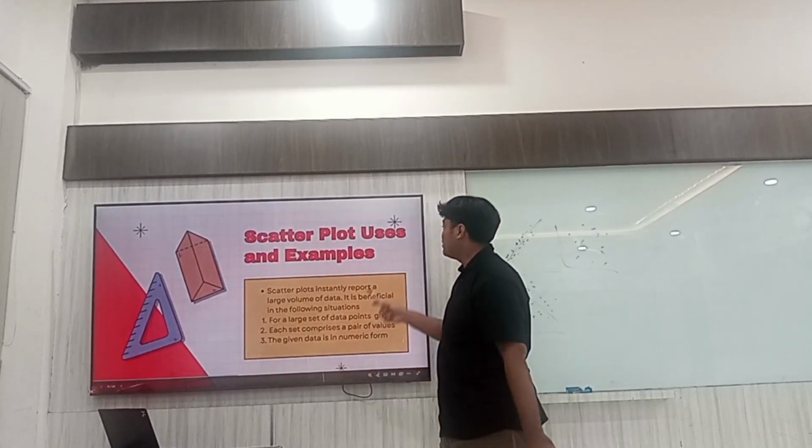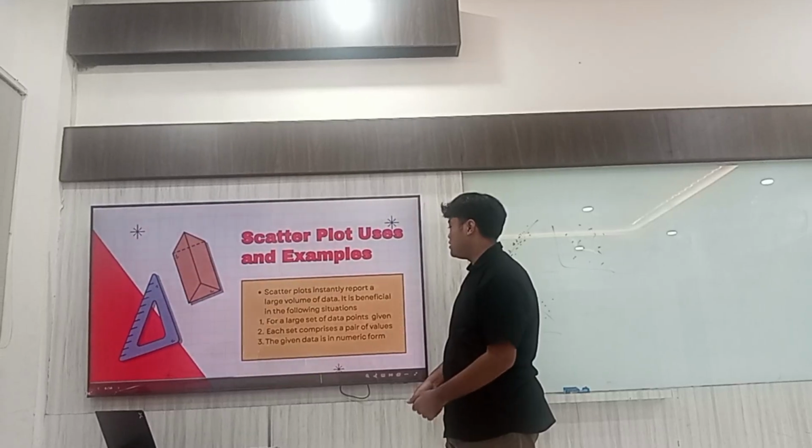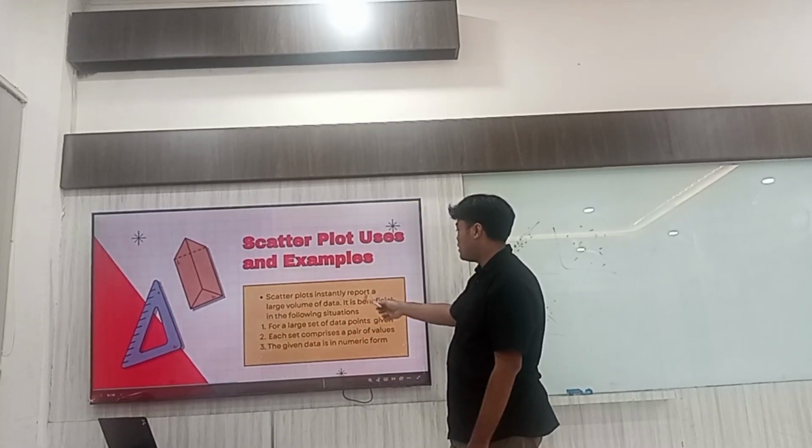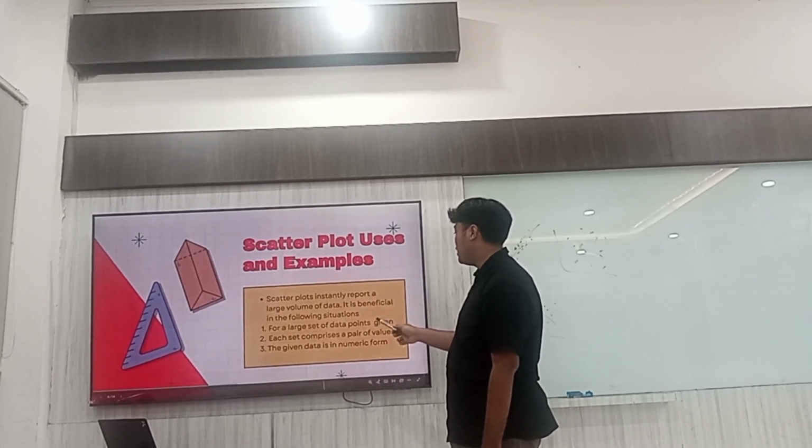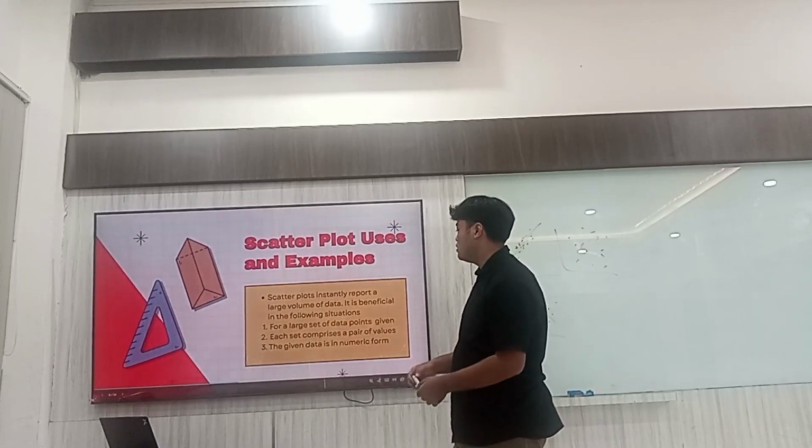Okay. Scatter plot use as examples. A scatter plot in an instant report or form of data is beneficial in the following situation.